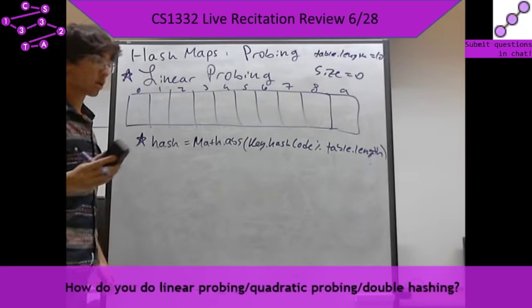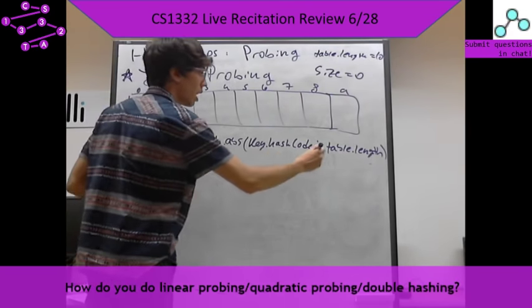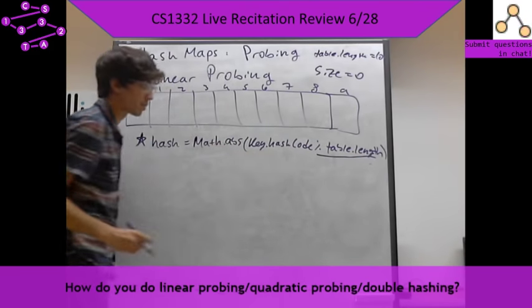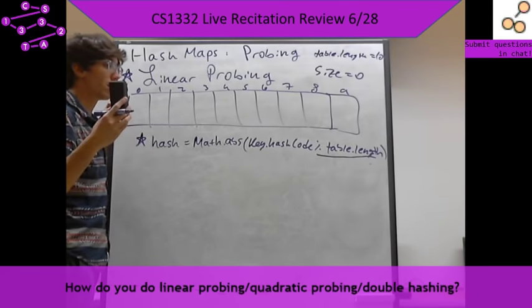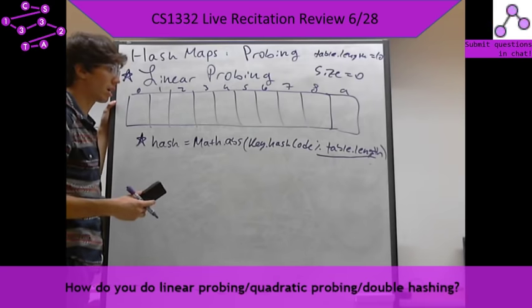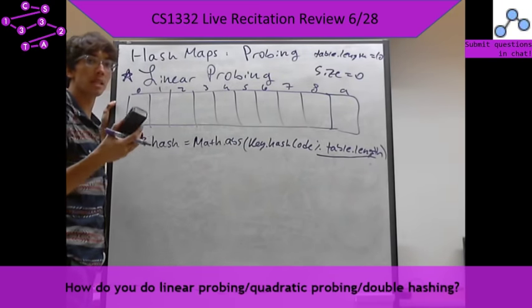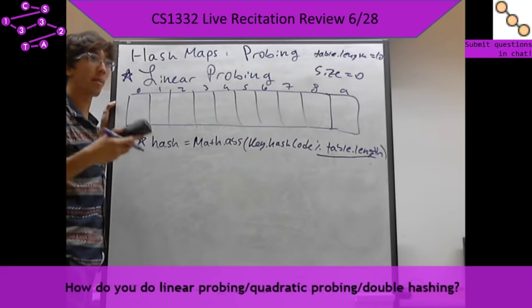Another very important thing I want to point out here, and a couple students missed this on their homework, is that this mod is inside the Math.abs. And the reason we have this is purely to cover the Integer.MIN_VALUE case. We've mentioned this a couple times in recitation and in class, but Integer.MIN_VALUE is slightly greater in magnitude than Integer.MAX_VALUE.